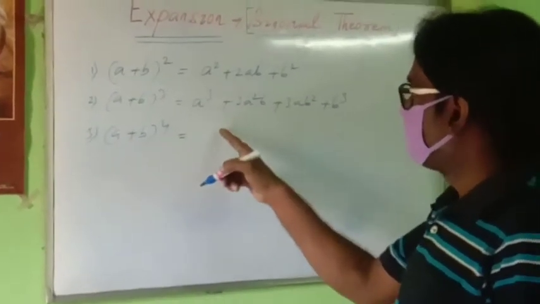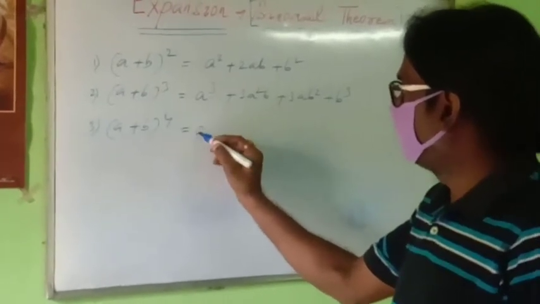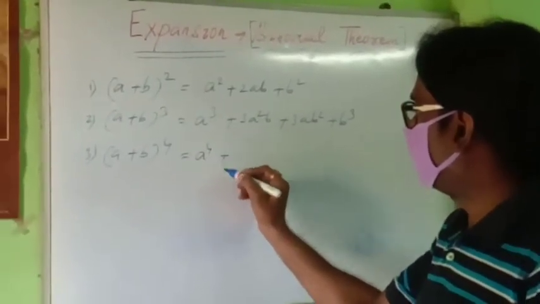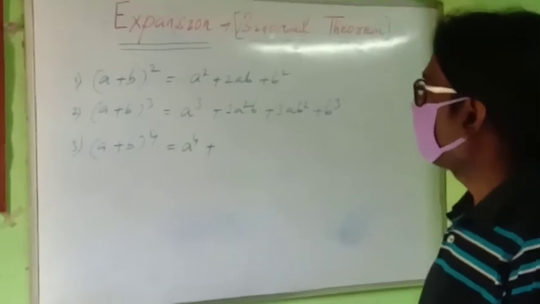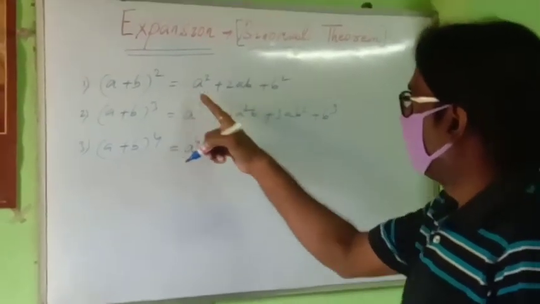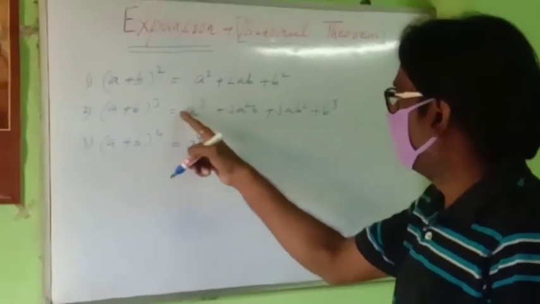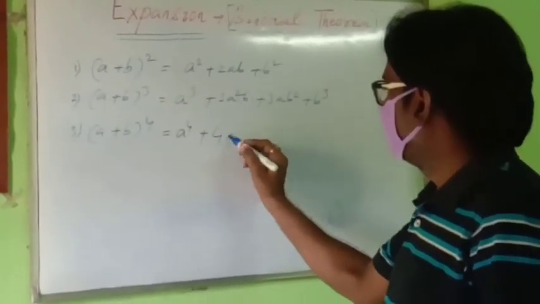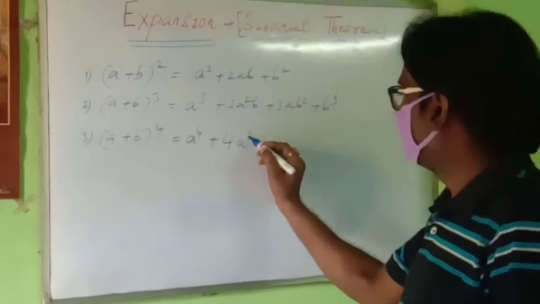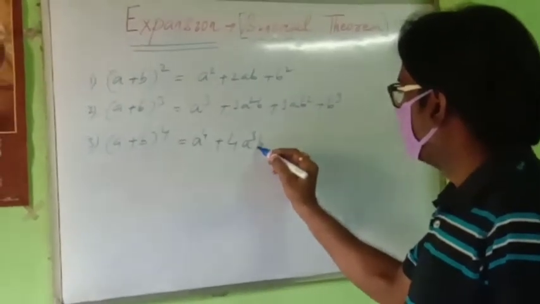Same process, a plus b whole to the power 4, this will be a4. And what will be here? See, how is it coming 3? 1 plus 2, 3. Then 3 plus 1, this will be 4. Next, power of a decreases, so 3 a cube b?